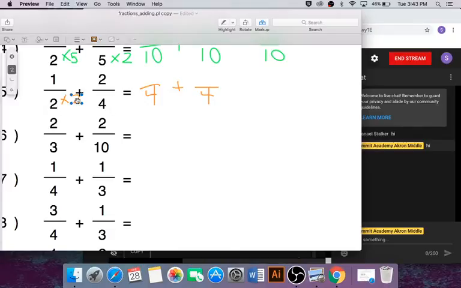Because we multiplied the bottom times 2, we need to multiply the top times 2. So 1 times 2 is 2. And we didn't change our second fraction, so it's going to stay 2 over 4. So we add the top together, so 2 plus 2 is 4. So we have 4 over 4. And 4 over 4 simplifies into 1 whole.